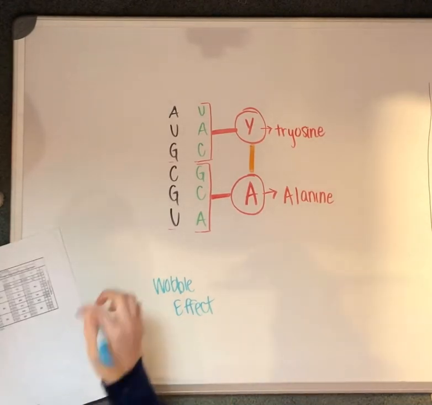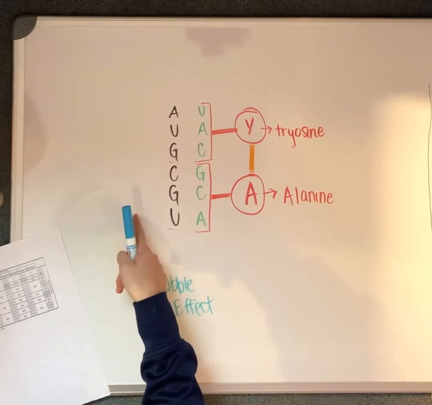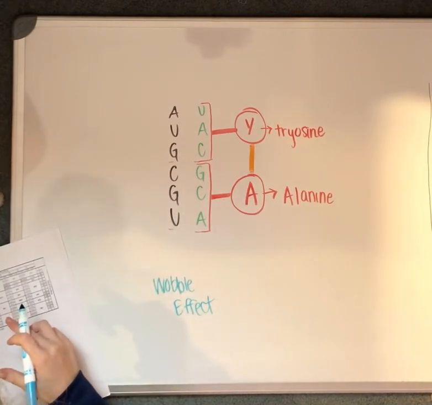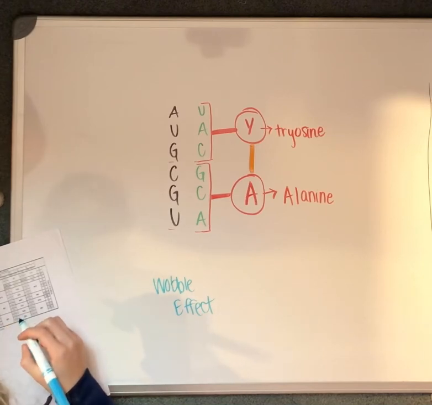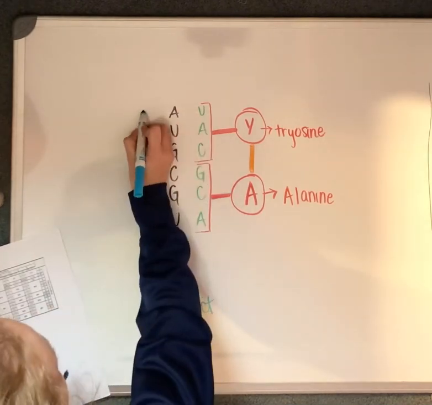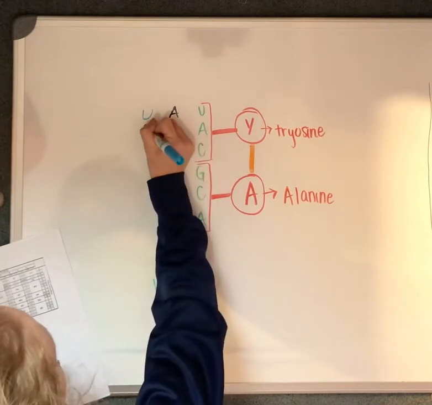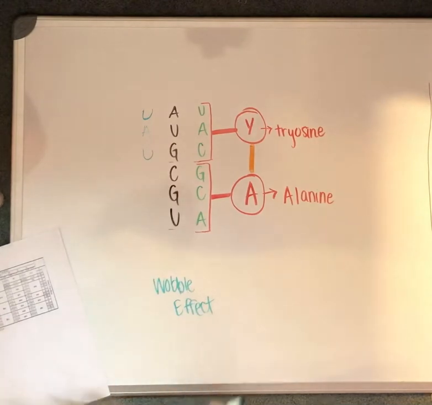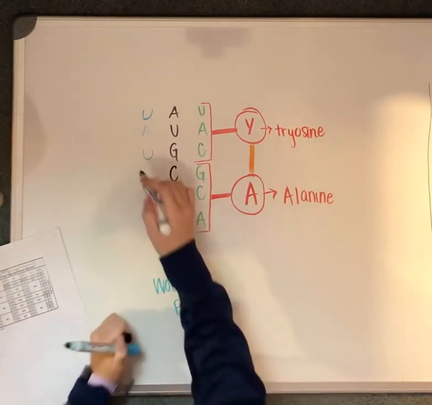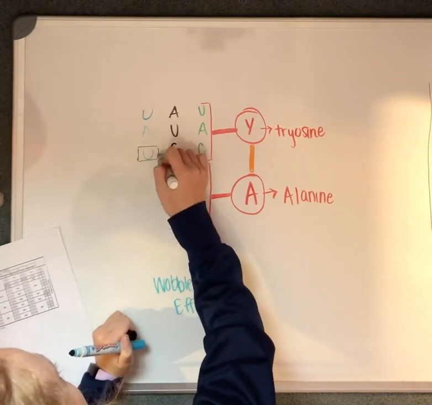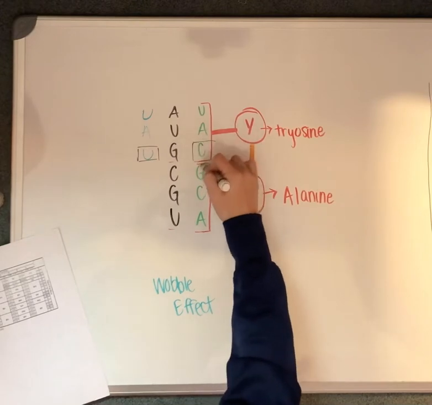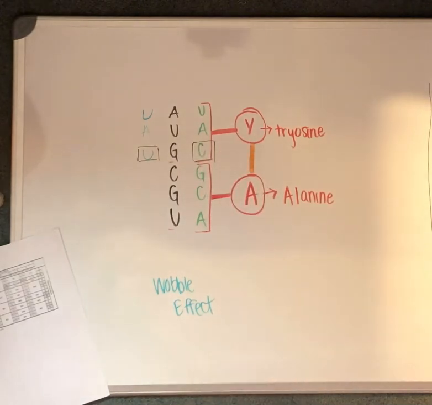And this second tRNA strand that I'm going to build here could be a UAU. And so you see that this third letter can differ from this third letter, and that's called the Wobble effect.